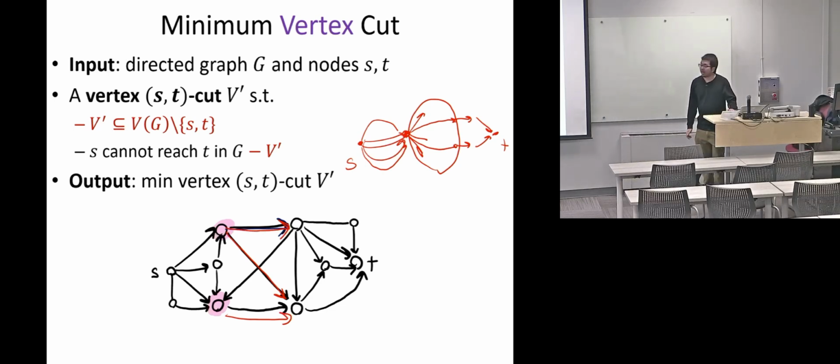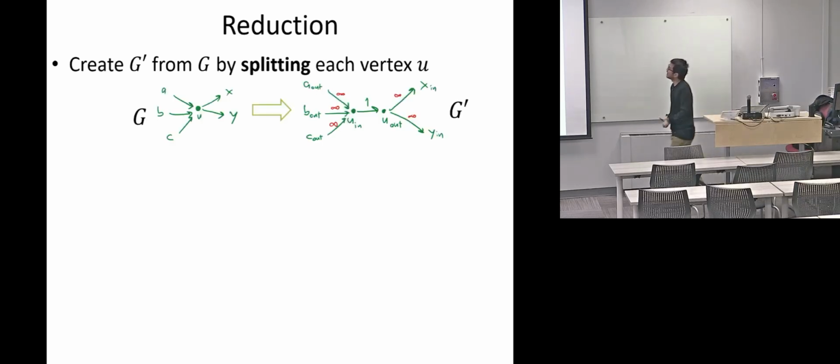How do you do this? Here is a trick that is quite nice. The idea is that you create another graph G prime by splitting every node into two nodes. Look at every node U, split it, make it an edge basically, into U in and U out.